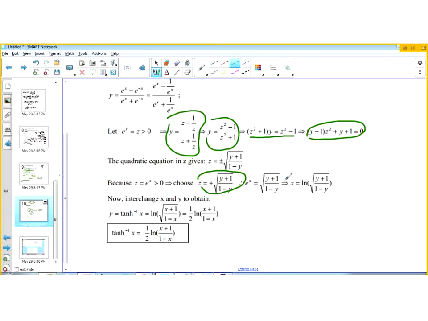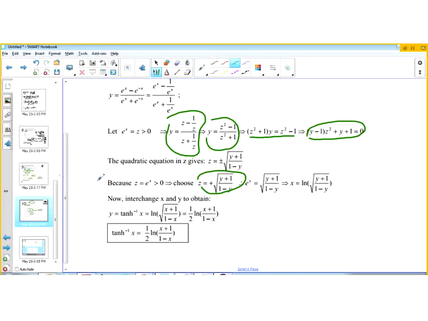Replace z with e to the x, and we have x is equal to the natural log of this, and then interchange x and y. And so we have a representation of the inverse hyperbolic tangent function in terms of the natural log function. A very interesting formula. Those are some important identities.